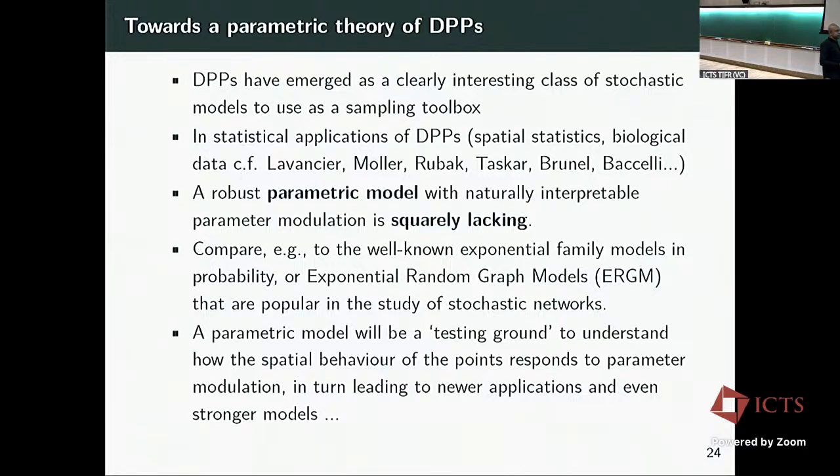So let's say I perturb the kernel by a little bit, let's say change some of the eigenvectors of the kernel, for instance, then how do my points change? This is not clear, not easy to understand, and we want to build a parametric model where these kinds of things are much more interpretable. So this is the overall agenda.